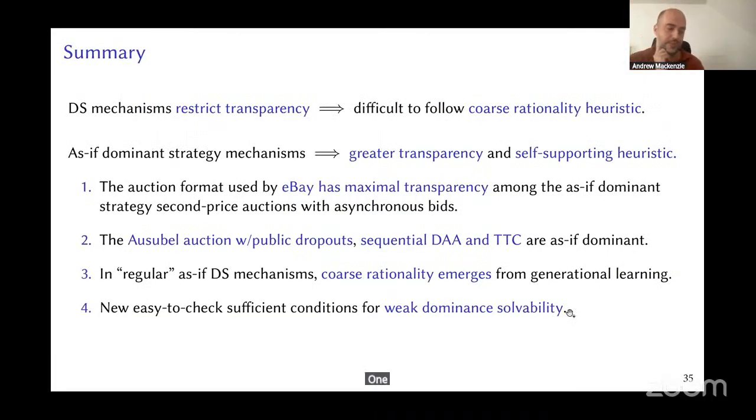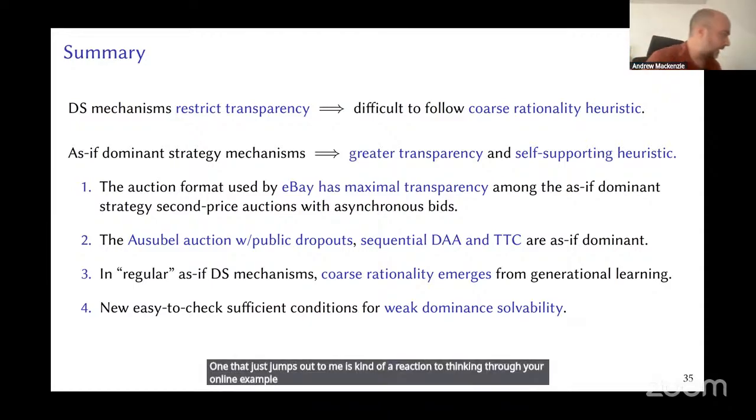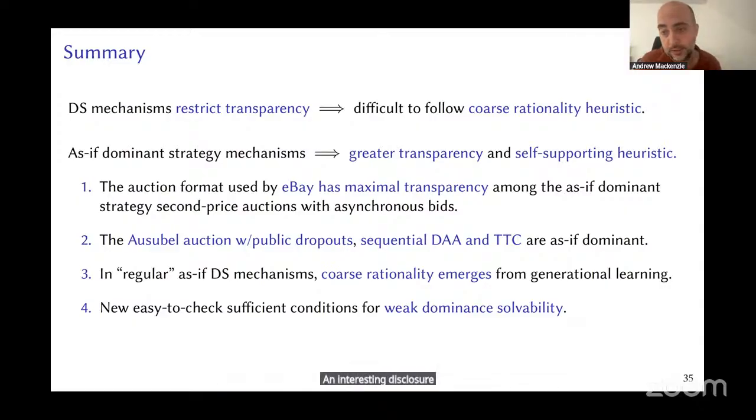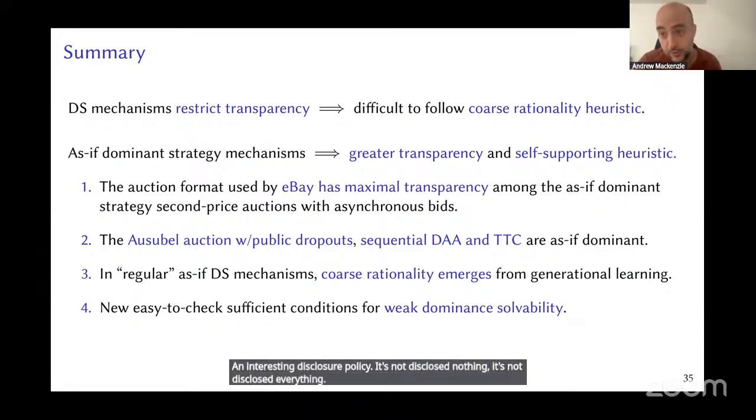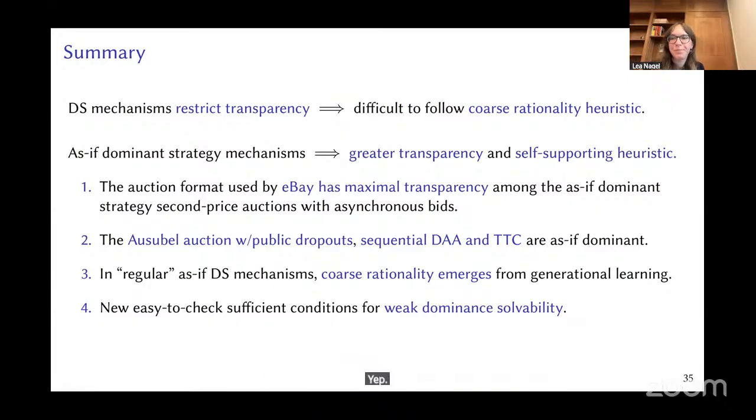One that just jumps out to me, as a reaction to thinking through your online example, is that you get an interesting disclosure policy. It's not disclose nothing. It's not disclose everything. It's something in between. That's what I mean by interesting.